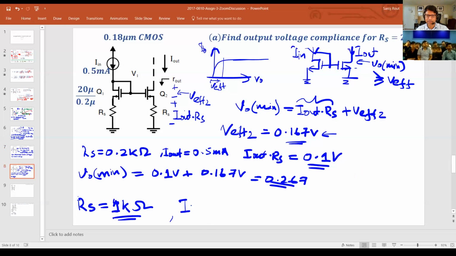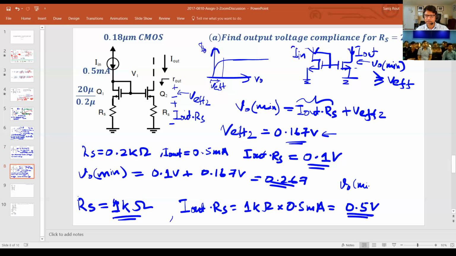Now I out times RS is 1 kilo ohm times 0.5 milliamps, which is equal to 0.5 volts. So now suddenly your V out minimum needs to be almost close to 0.67 volts. So that's the problem.